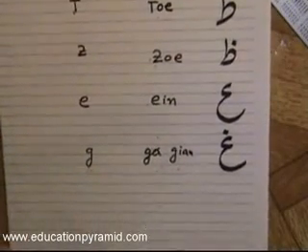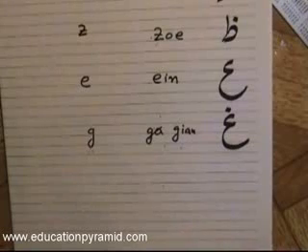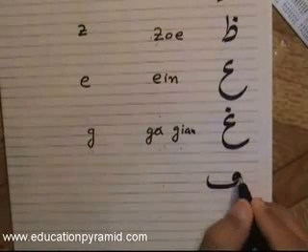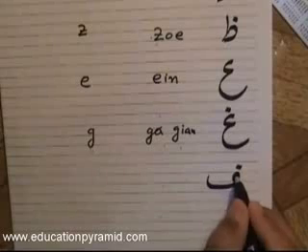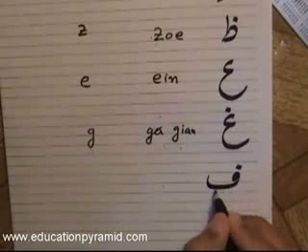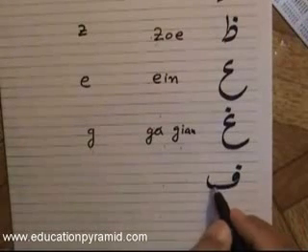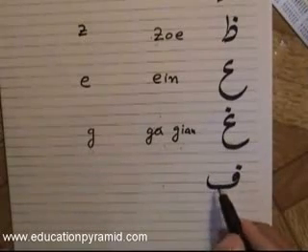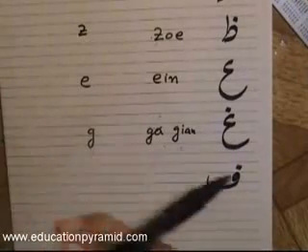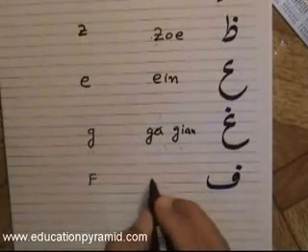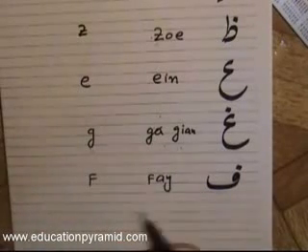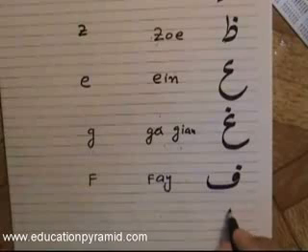Next letter is Fe. We start with a round, make a small round here and then stretch it towards the left. So ain, ghain, Fe. This is Fe, F sound. Then Kaf.